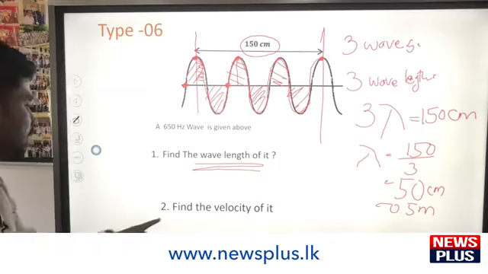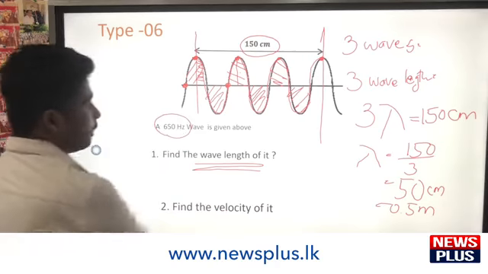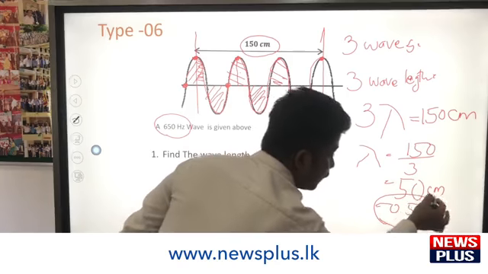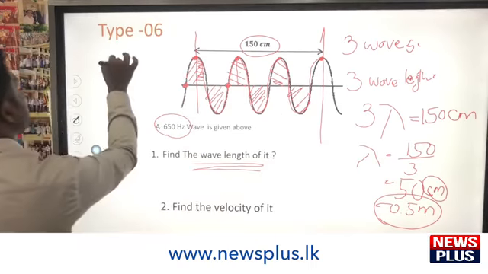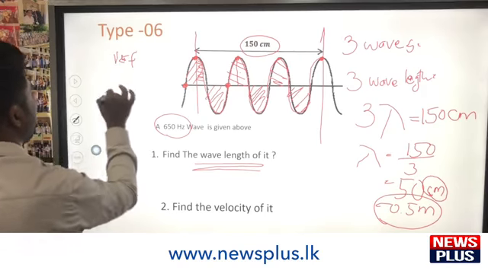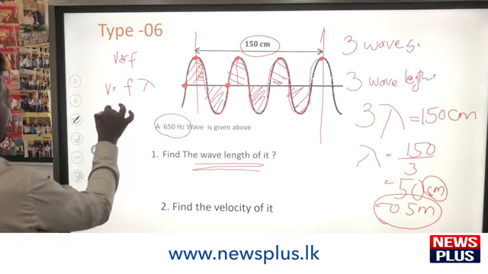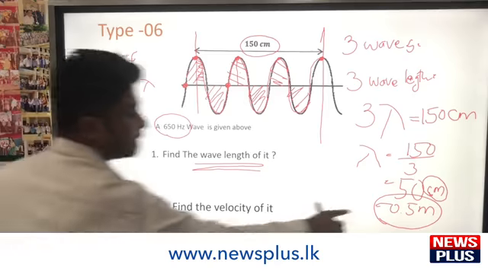And the second question: find the velocity. Very easy question. f is given, lambda has been found. If you put it in centimeter, the whole question is wrong. Then V is equal to f lambda, f is 650 and lambda is 0.5.